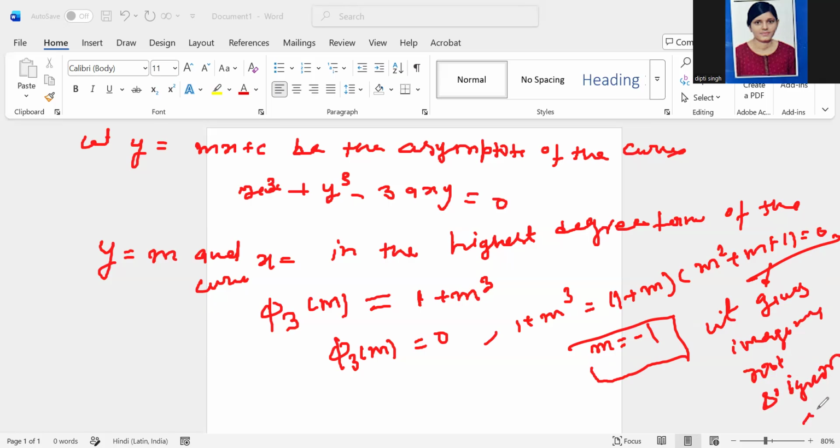Okay, so now we put y equal to m and x equal to 1 in the second highest degree term of the curve.